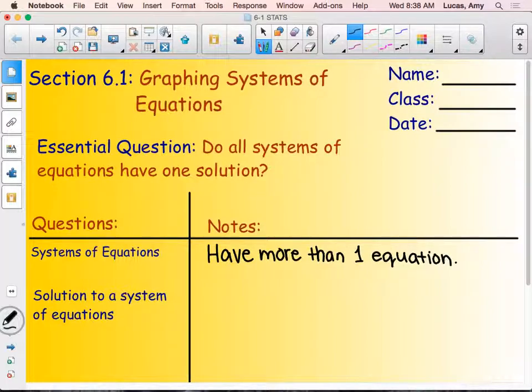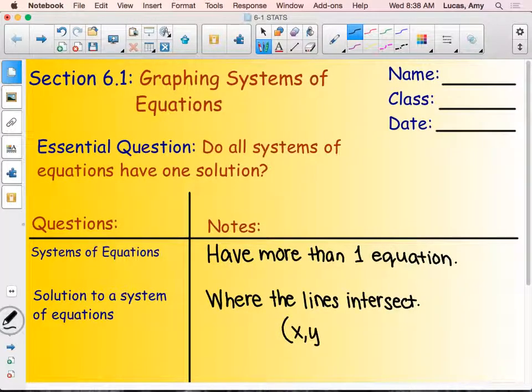Because we're focused on graphing today, I am going to say the solution to a system of equations is where the lines intersect. So that means an ordered pair with an x and y coordinate.